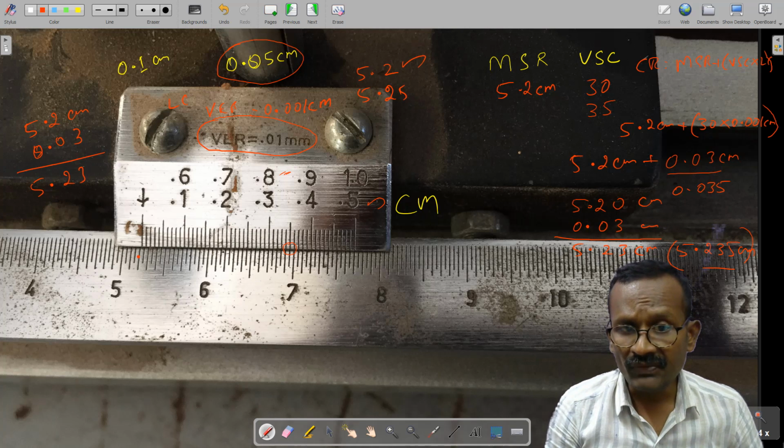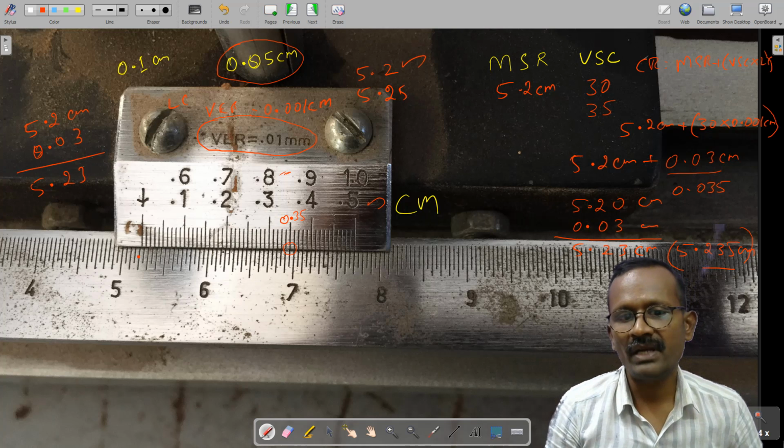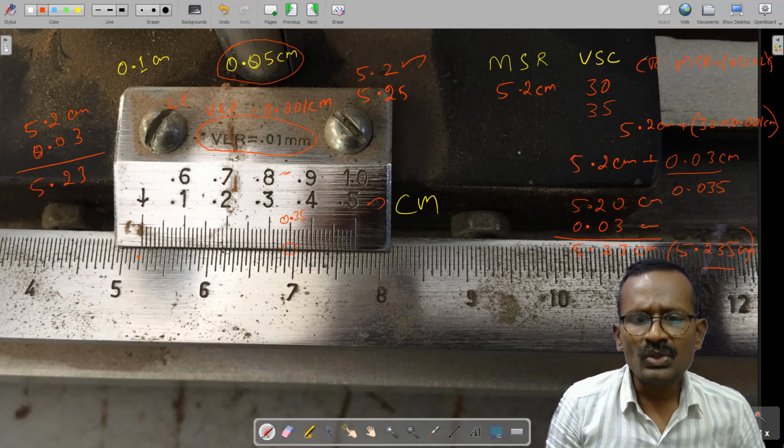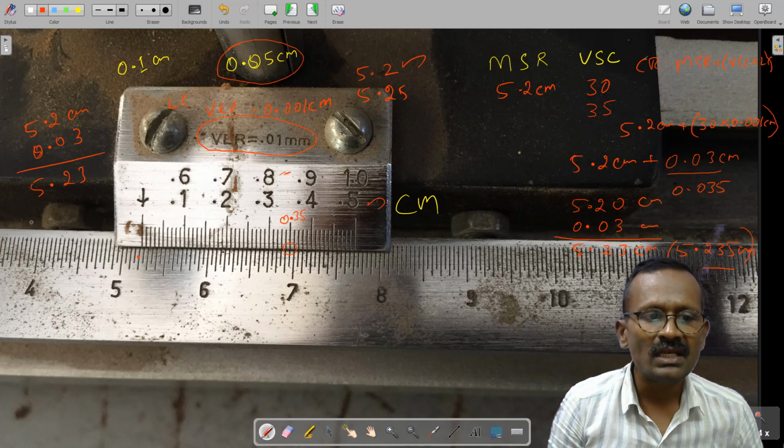Suppose the 35th division is the coincidence. So this is 0.3, this is 0.35. You should take the reading as 0.35 and add it with the main scale 0.25 and 0.035.